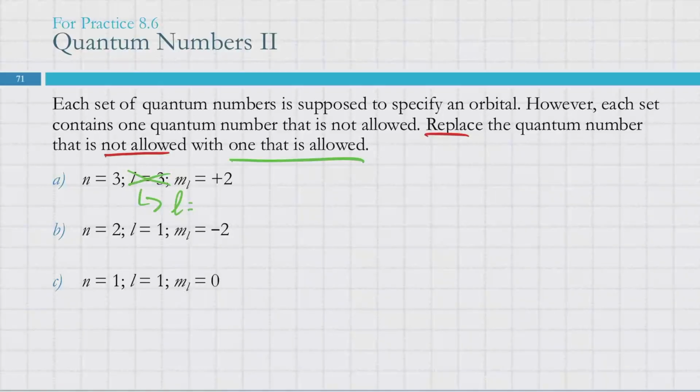L goes from 0 to N minus 1. If N is 3, then the maximum value we can have for L is N minus 1, which is 2.